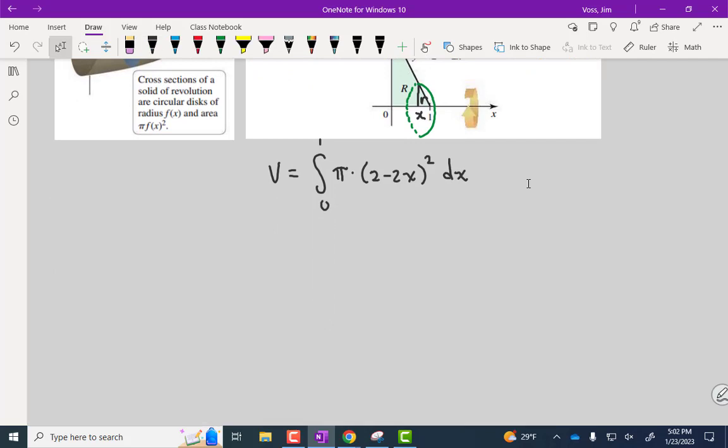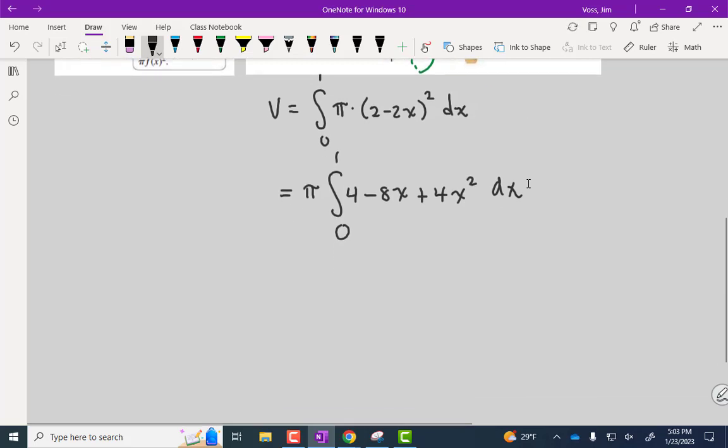We are going to have to FOIL this out before we integrate. So we get 4 minus 8x plus 4x squared, from 0 to 1. Once again, the antiderivative for all these powers of x is pretty straightforward.